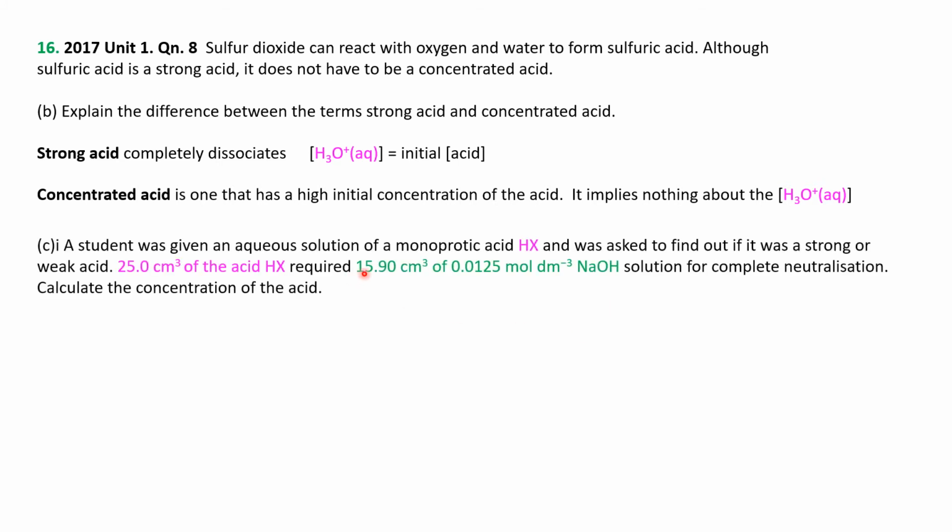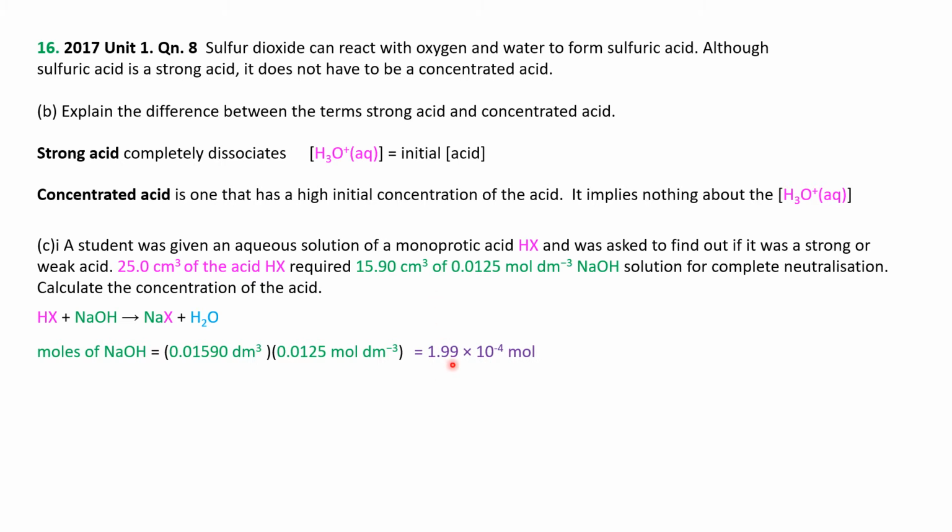A student is given an aqueous solution of a monoprotic acid and asked to find out whether it is strong or weak. 25 cubic centimeters of the acid required 15.9 cubic centimeters of sodium hydroxide for complete neutralization. Calculate the concentration of the acid. Well, we know it's monoprotic, HX, so it needs 1 NaOH to neutralize it. So moles of NaOH are the volume, 0.0159 cubic decimeters, times the concentration, 0.0125 moles per cubic decimeter.